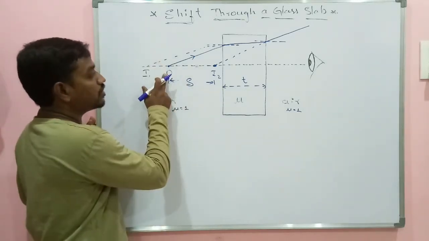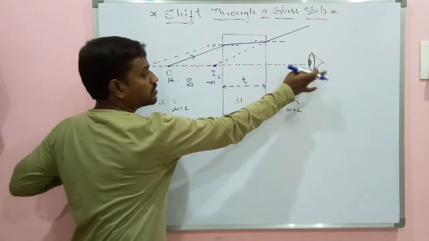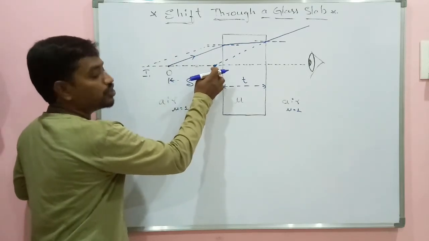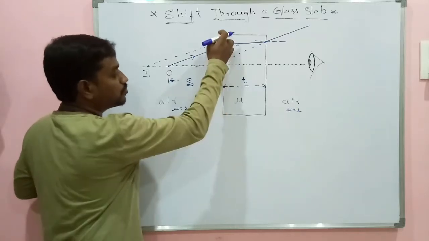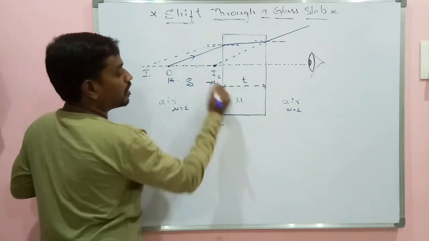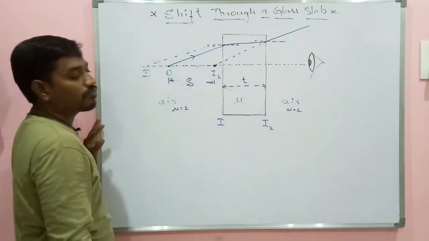As the object is at O, and as we are seeing from this particular place, the object seems to be at the I2 position. I1 is nothing but the image due to refraction at the first surface, and I2 is nothing but refraction at the second surface.